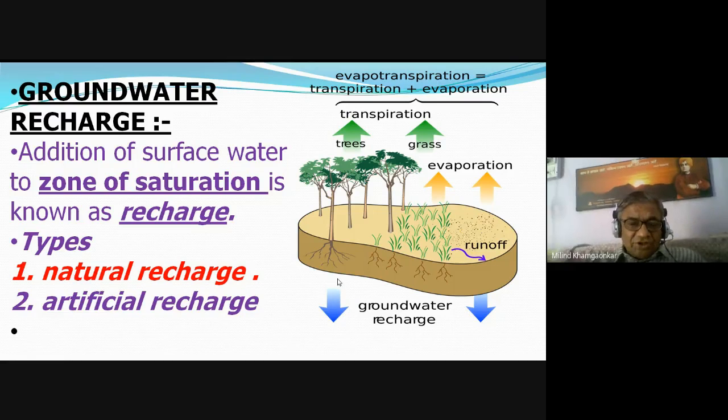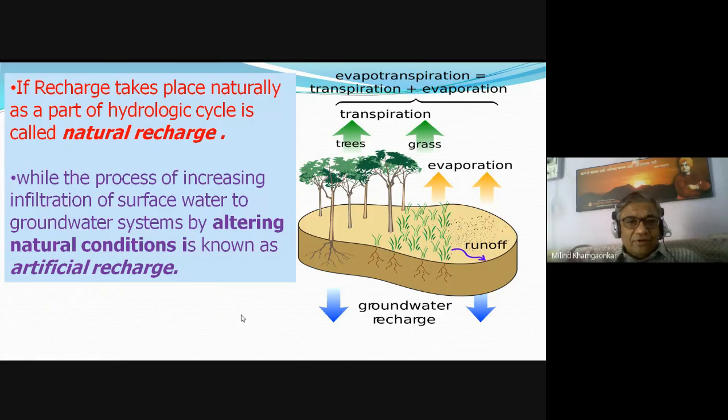So this recharging is done in two ways, natural and artificial recharge. When this recharge of the groundwater takes place naturally as a part of the hydrological cycle, it is called natural recharge.